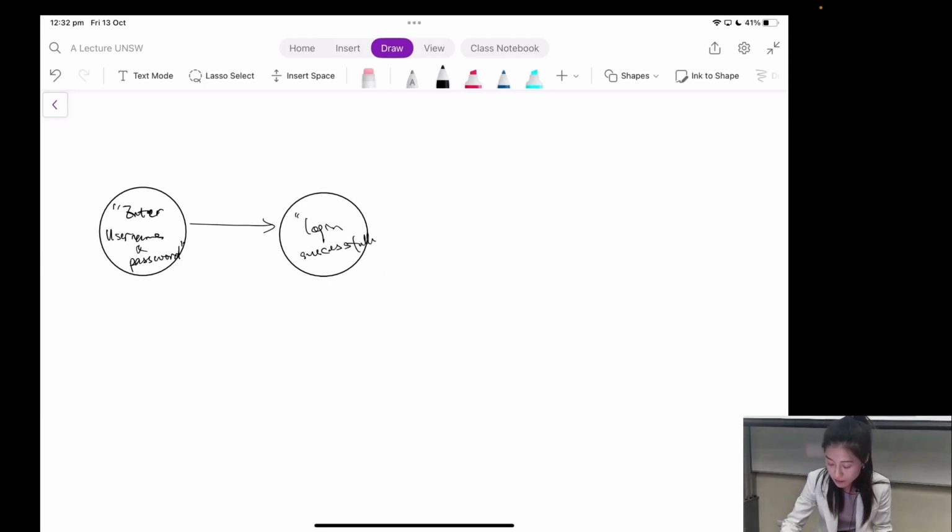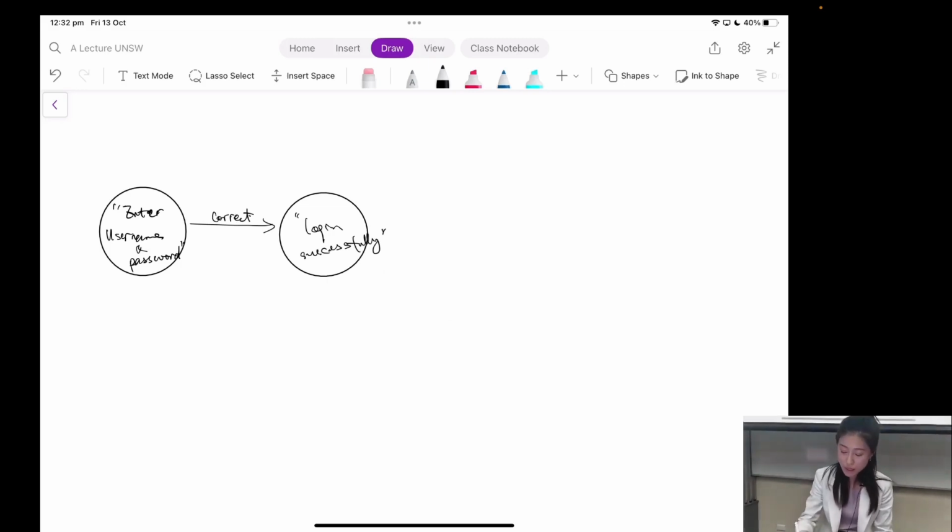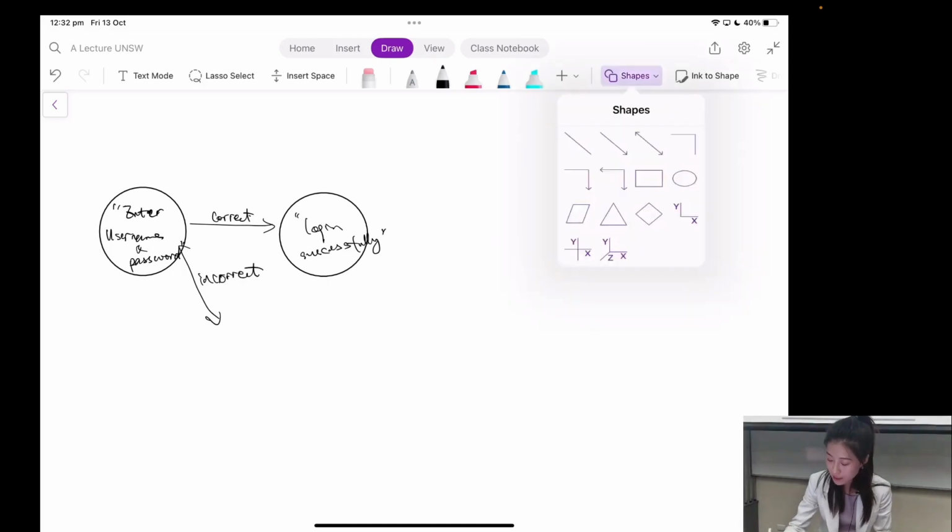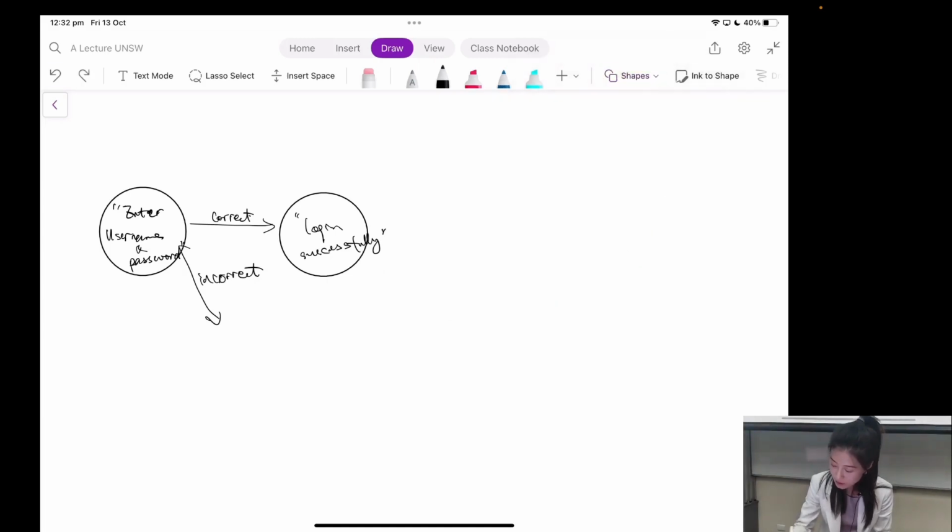So this is correct. So the username matches the password. And if it's incorrect, we will trigger another state, incorrect. And another shape here, another circle here. Oopsie.